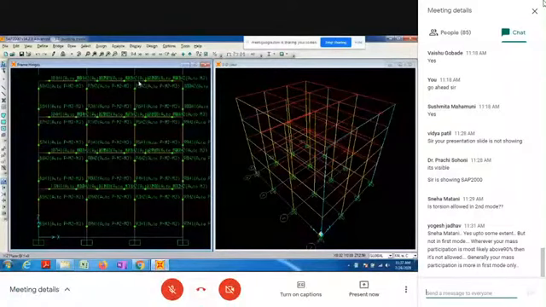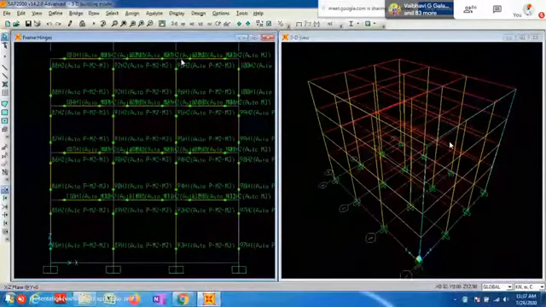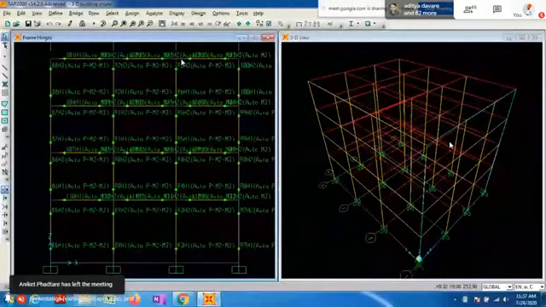A new building is a special moment resisting frame, and we are very sure that this building will never fail in shear. There is a confinement effect. So therefore, for the new building, it is not necessary to assign the shear hinges.